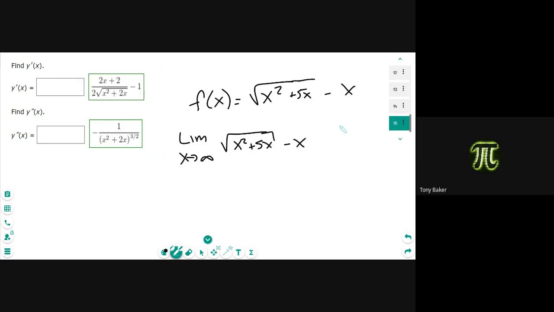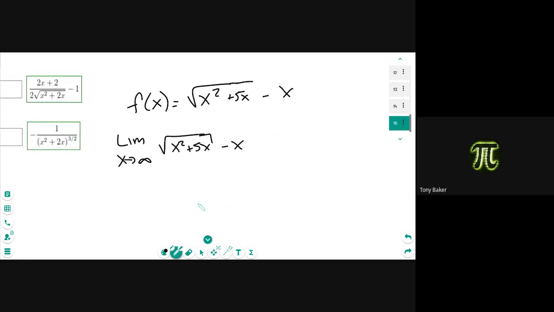Which means we have to use L'Hopital's rule. So this is the one we did where you have to do the conjugate pair, because we have to get it so we can do the derivative. So we're multiplying the top and bottom by square root of x squared plus 5x plus x. Same thing on the bottom.